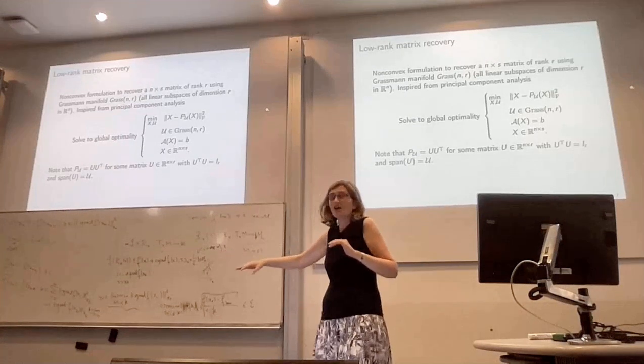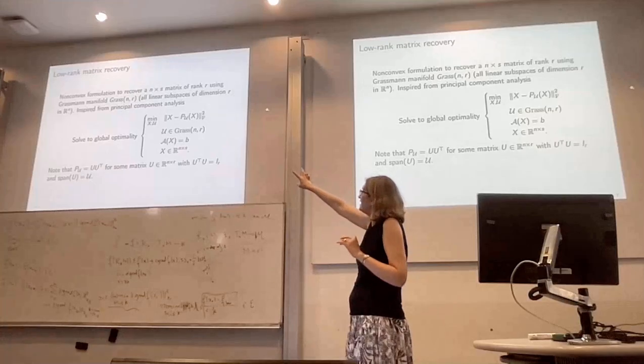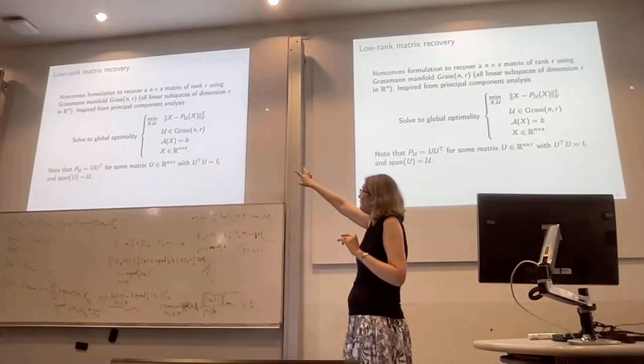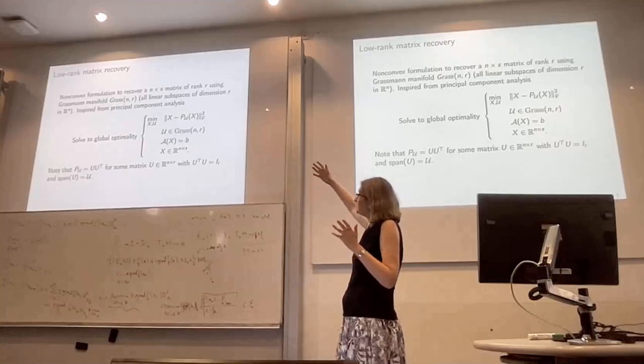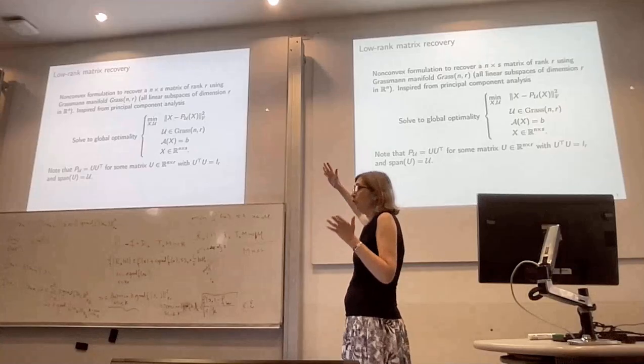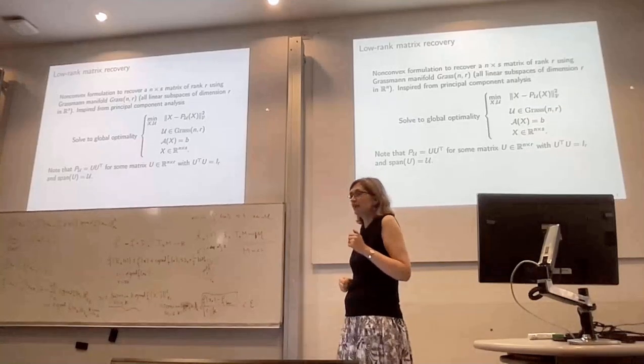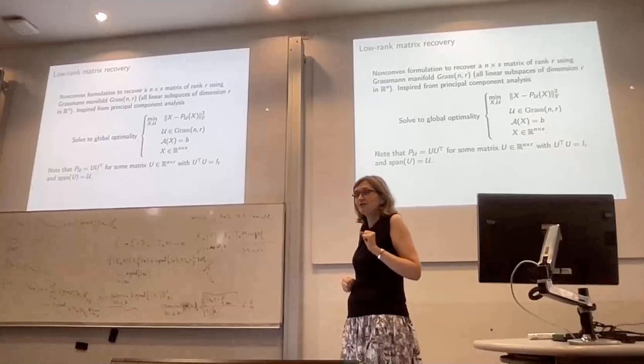So I'm trying to minimize this gap between X and this projection on U. Okay. But I can think of it more nicely, where U is in fact the manifold of all linear subspaces of rank R. So that's the Grassmann.